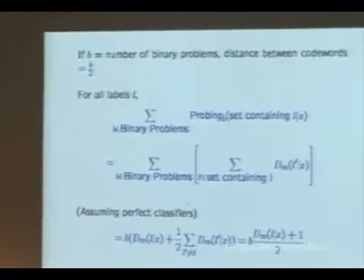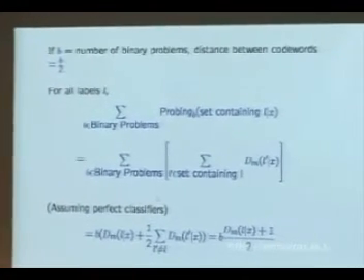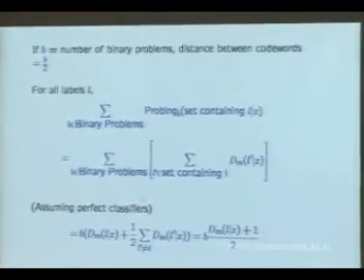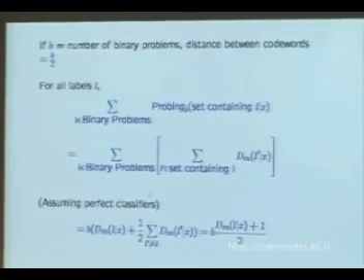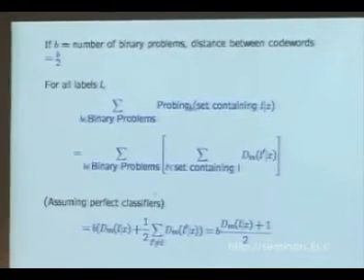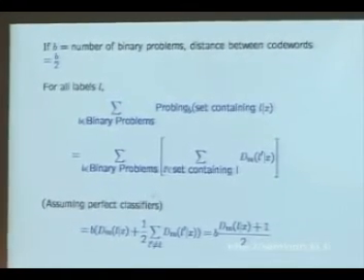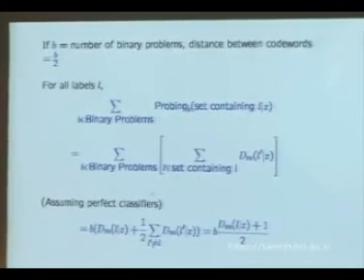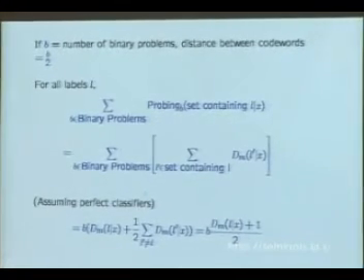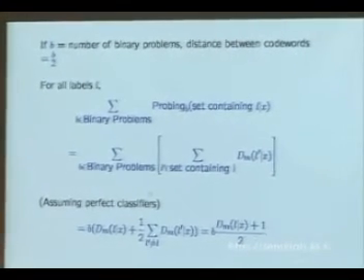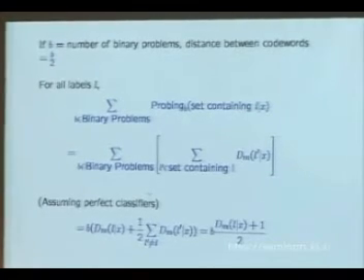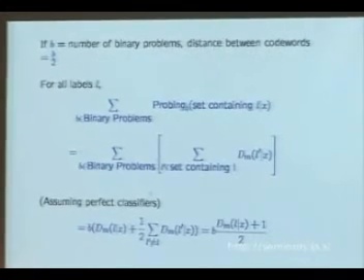So the way that we're going to work out how this works is we're first going to suppose that the binary classifier is perfect. And we're going to see what that implies. And then we're going to think about what happens when the binary classifier is wrong. So suppose it is perfect.